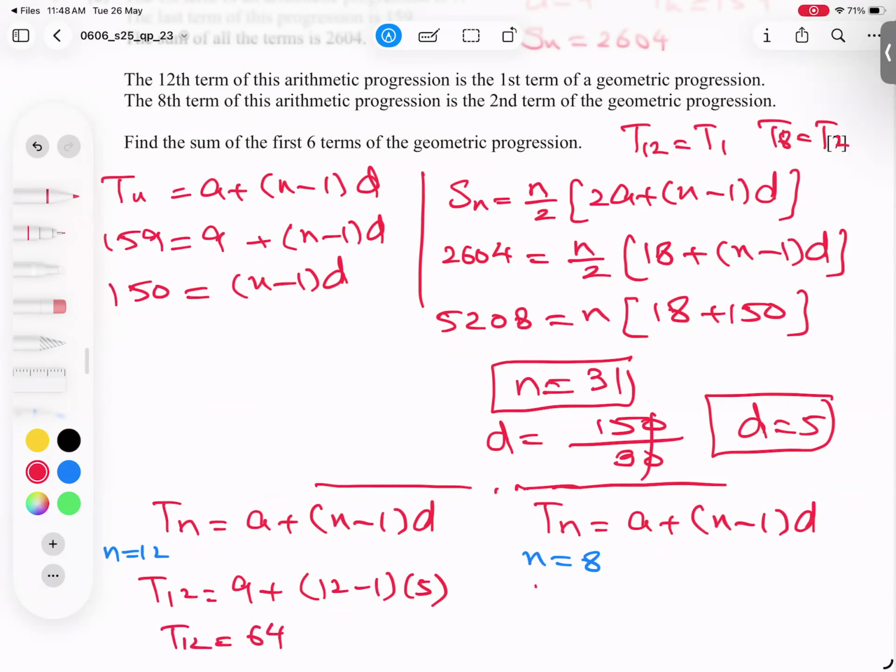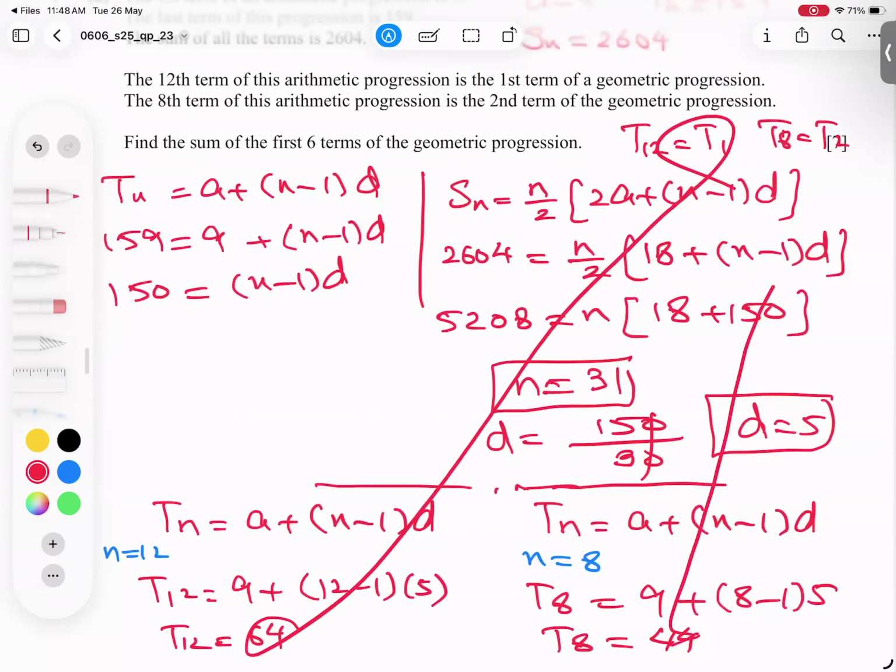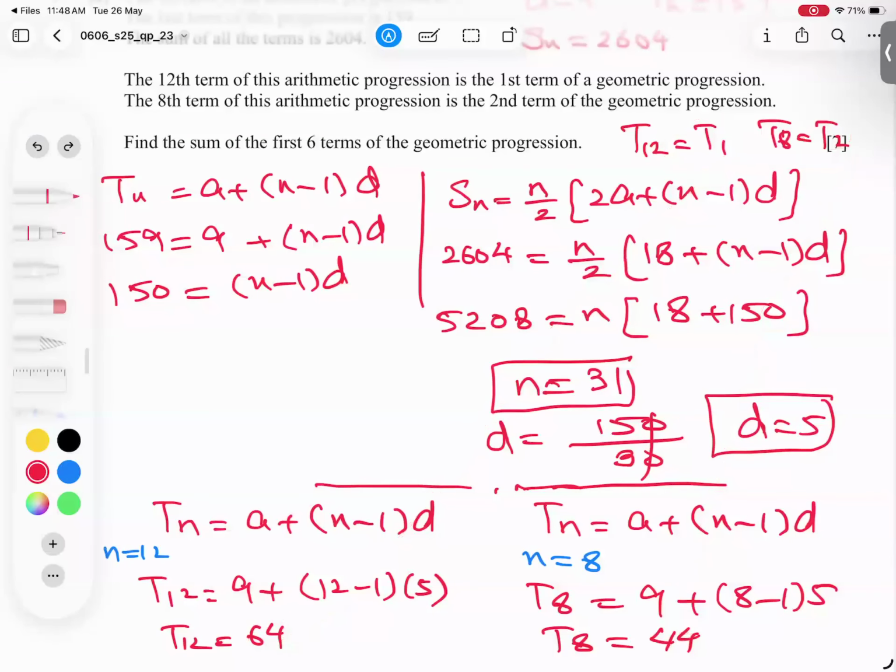And what about this side? T8. I'm getting 9 here, and here I'm getting 8 minus 1 into 5. So this is 7 fives are 35, plus 9, 44. Now he's saying this is the first term and this is the second term, and find the sum of the first 6 terms of the GP.